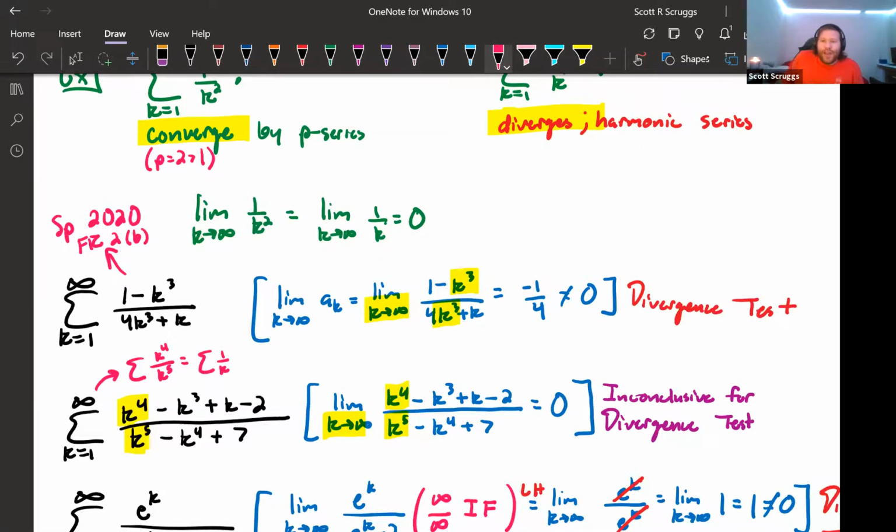So if you want to know where that first series came from, it was actually an old free response problem where you did have to use the divergence test to show that that series does diverge.